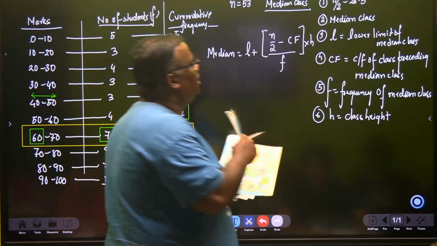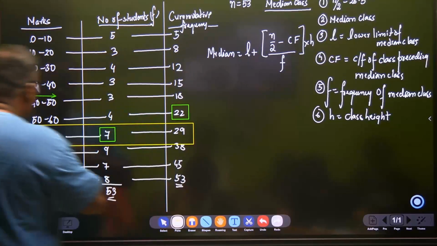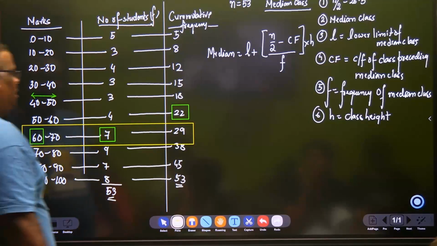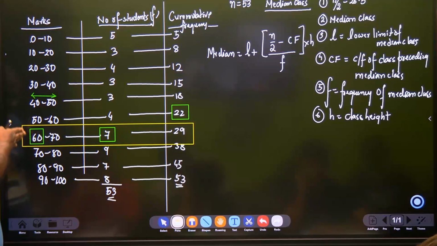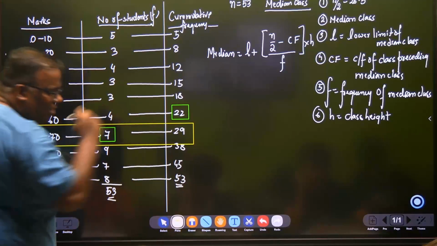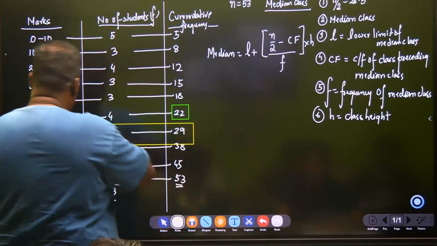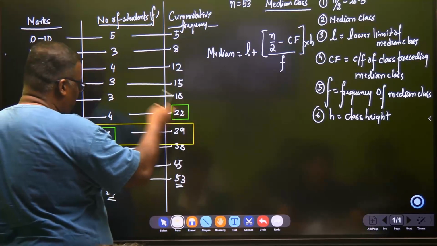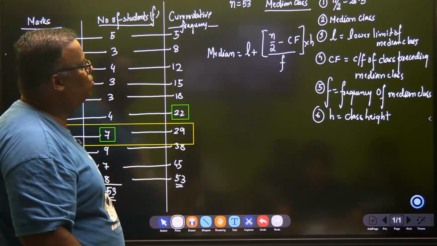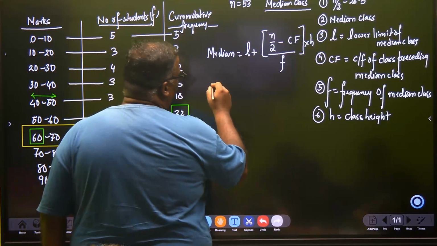Now just see this formula also. L is the lower limit. See, the median will be 60 plus something, because we want the 27th kid. Minus cumulative frequency, divided by the frequency, into H. So our median will come up how much?